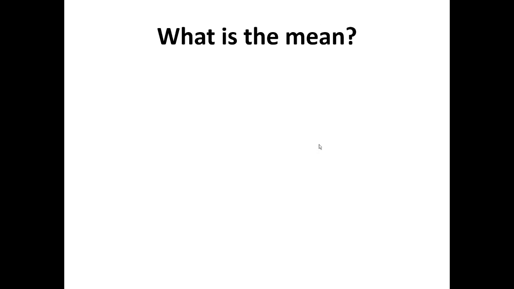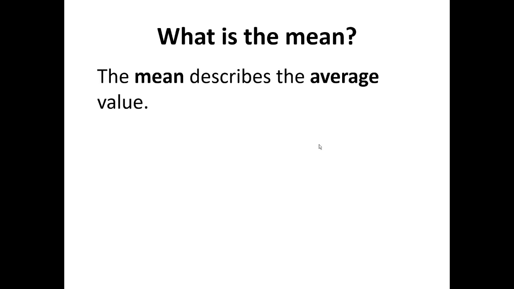And the third common measure of central tendency is the mean. It just describes the average value. So in a school, when you learn to calculate averages, if we had 33 houses, we would add up all of their ages and then divide that sum by 33, and that gives us some number.